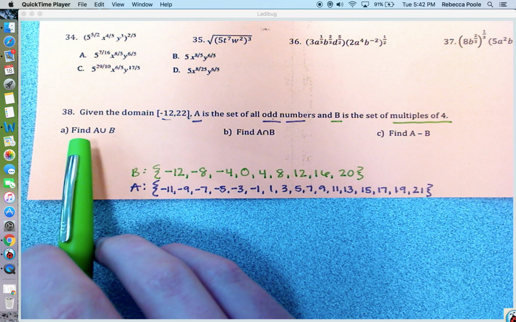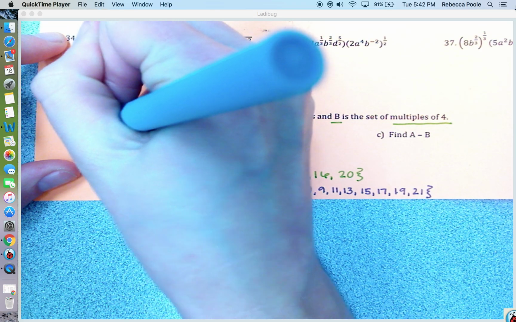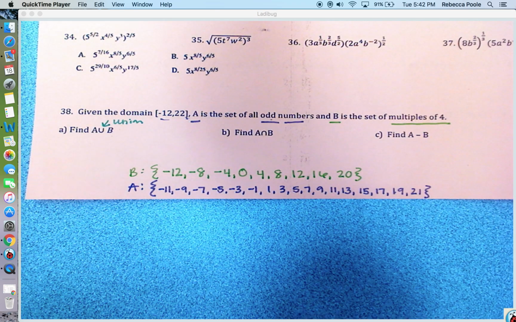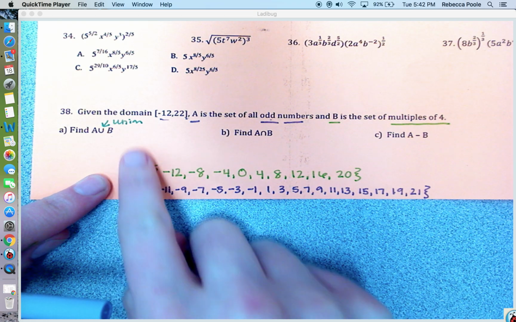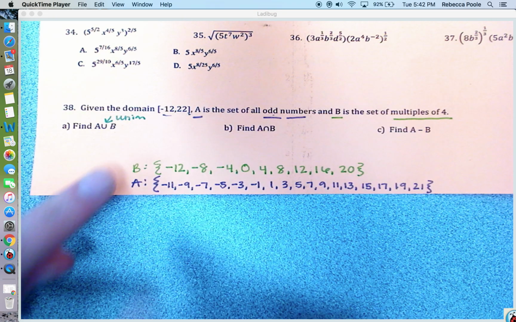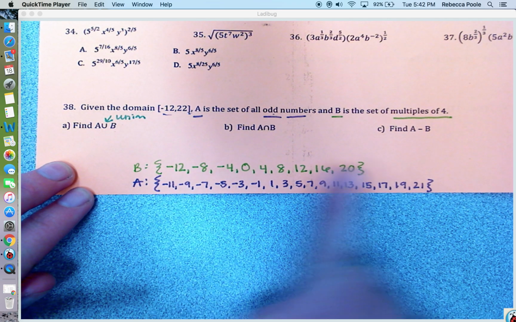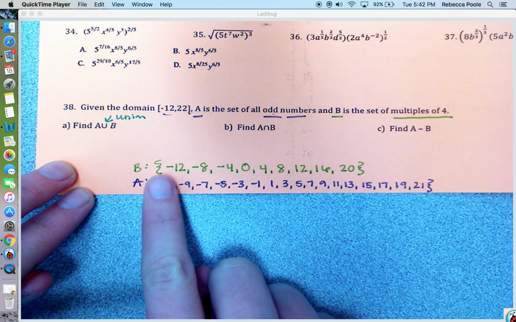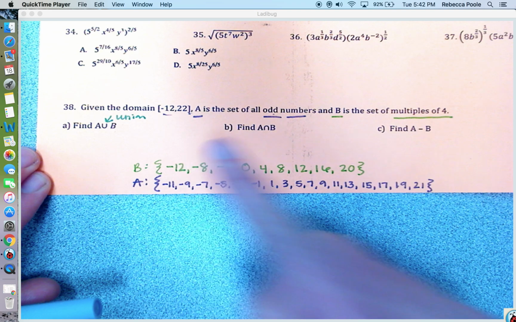For A, it says find A union B. So set A union set B. If you think back to when we did probability, and you guys just retested on probability, and most of you did really well, a union means it can be in A or B. So this is any number that is in A or B. If you look at set B and set A, it looks like they have nothing in common, so I literally would write out every single one of these numbers.